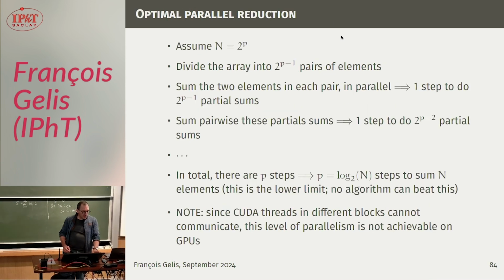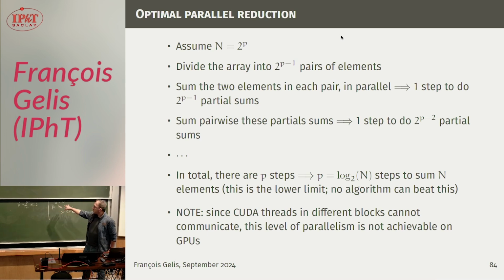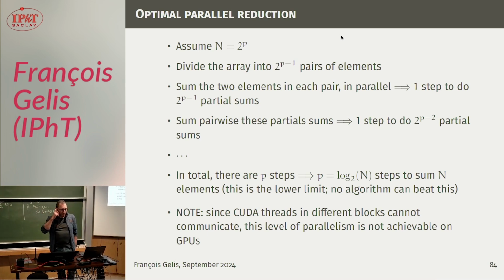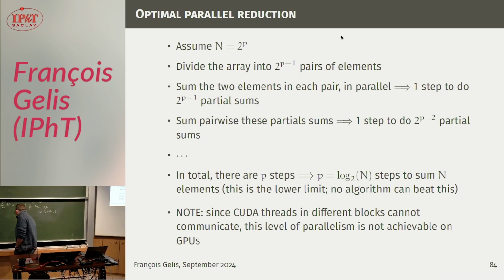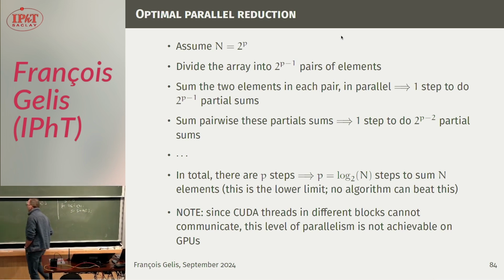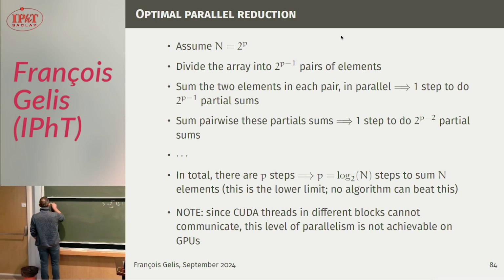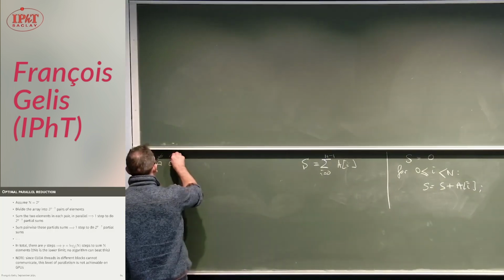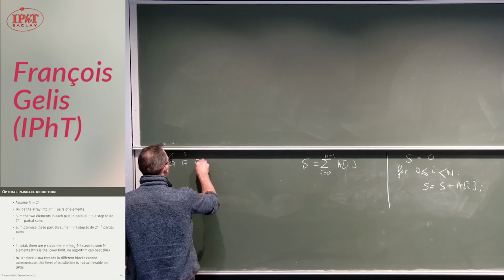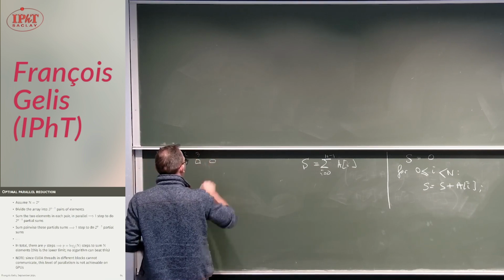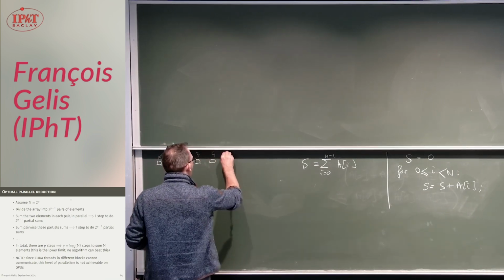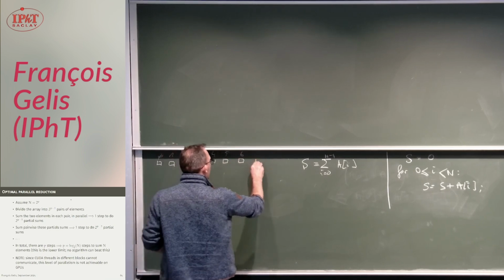So now let's look a little bit at this operation of summing the numbers of an array. And to simplify the reasoning, I will assume that the number of entries is a power of 2. So let me make a picture with 8 numbers: 0, 1, 2, 3, 4, 5, 6, and 7.